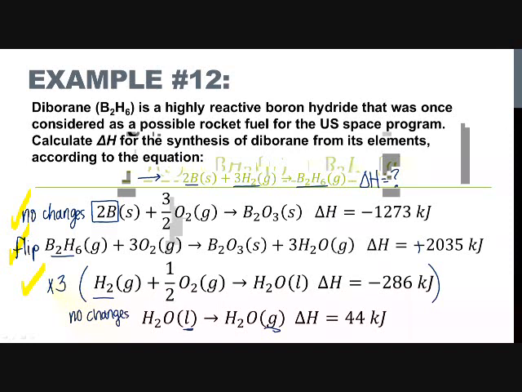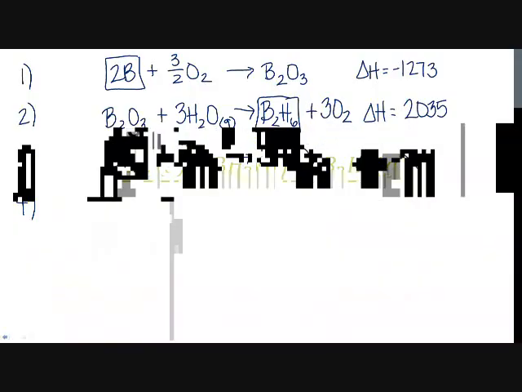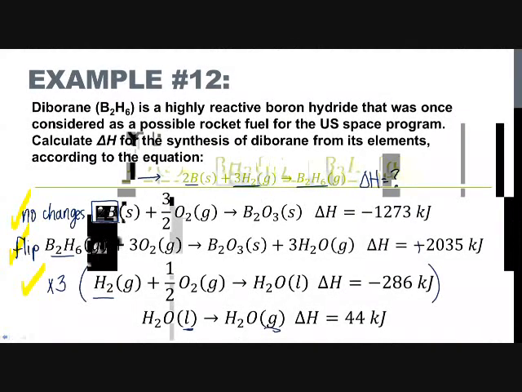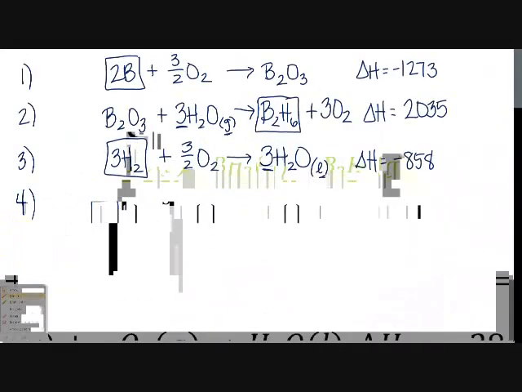Okay? But, oh wait, time out. There are no changes. That's wrong. Those have a coefficient of 3. Goodness, I forgot to see that. So they both have a coefficient of 3. So that means we will have a change. We're going to multiply by 3 for this whole reaction. Not flipping, but just multiply by 3 so that we can get what we need.